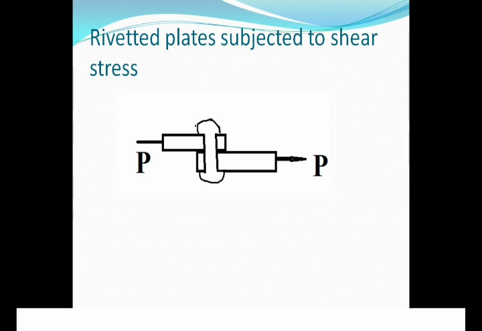In shear stress we are considering the projected area, and in the compressive stress and the tensile stress we are considering the cross-sectional area of the part itself. So these are the things that we have to consider when we consider the shear stress on the element.